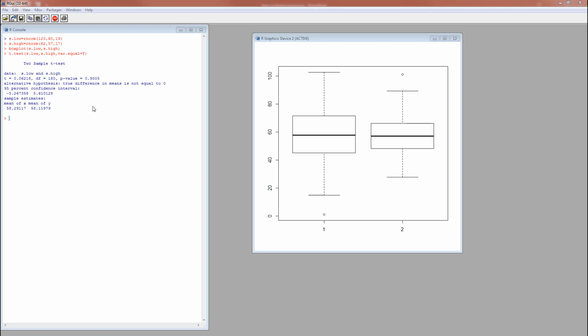The p-value tells us that there's a relatively high probability of picking 2 groups from the same population to give us a t-value of 0.062. We can illustrate this by plotting the t-distribution for 180 degrees of freedom.